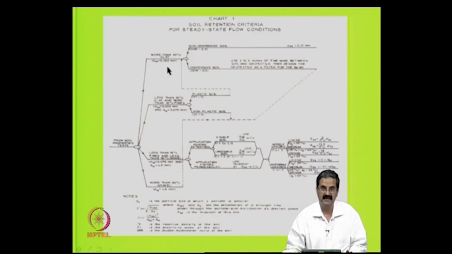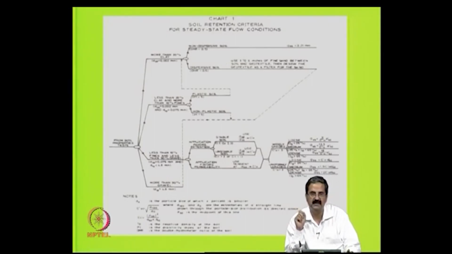So, for example, in this chart, if the clay content is more than 20%, you should check whether the clay is a dispersive type of clay. There are some clays that I saw that the moment you put them in water, they just start coming out.